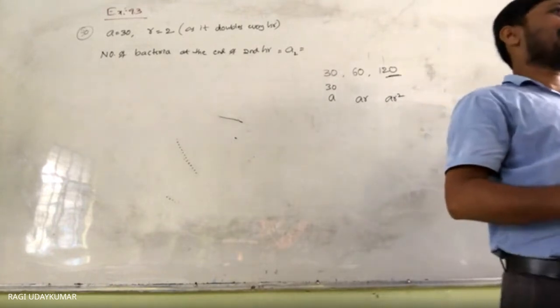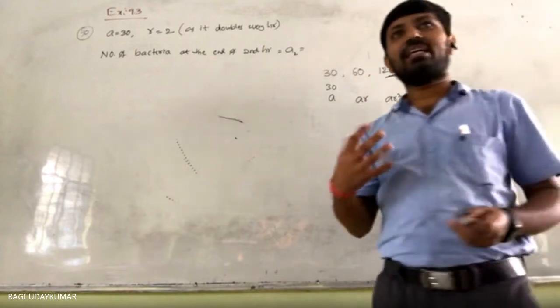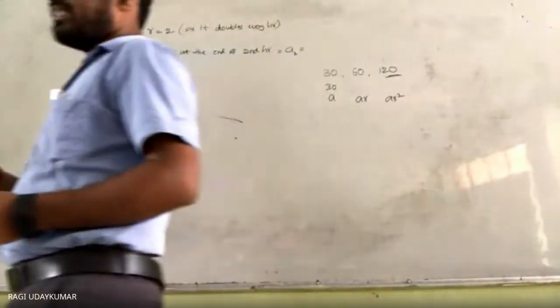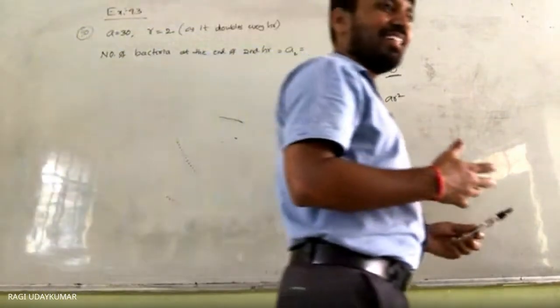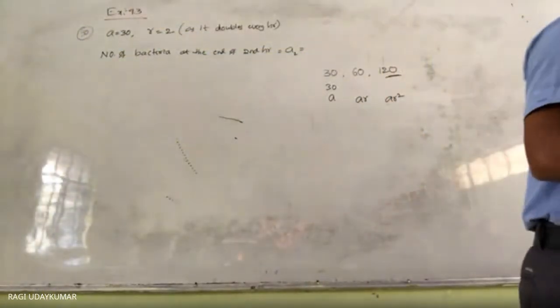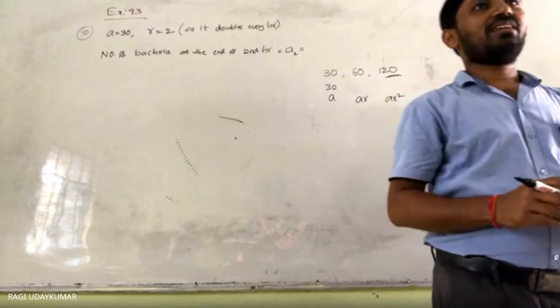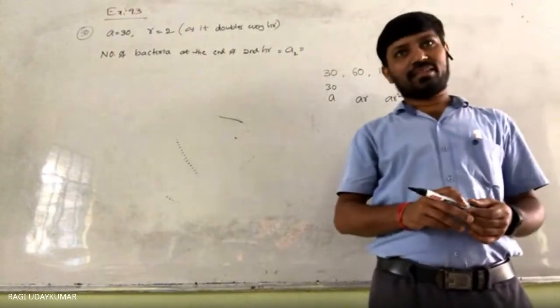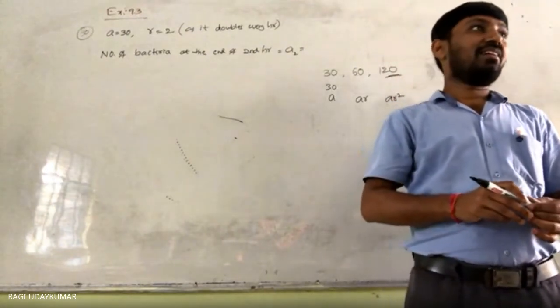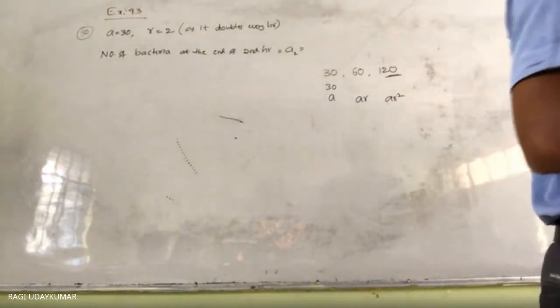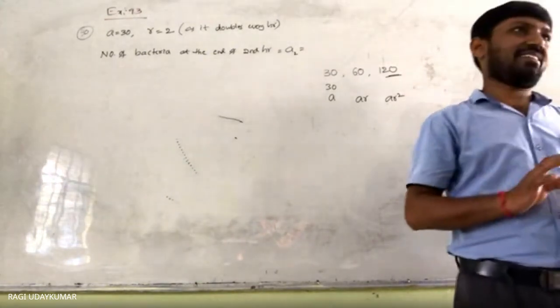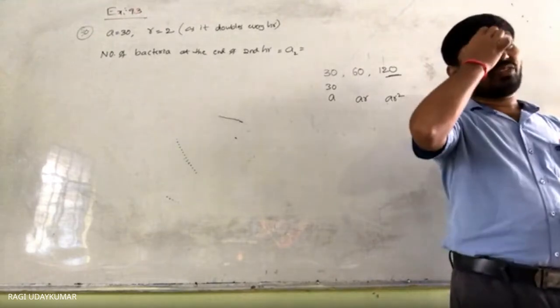Yes. So many different questions can be there. Normally looking at this question you might wonder, is it right? It is correct. At the end of the second hour 120 are there. The end of the second hour is nothing but the start of the third hour. The question can be framed like that also.